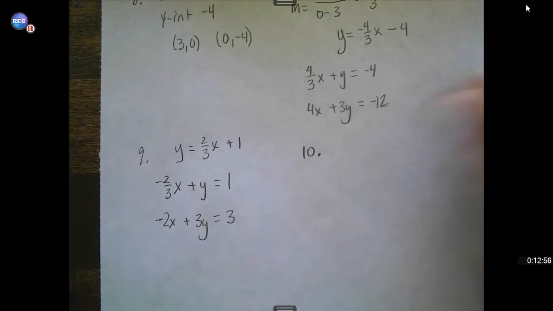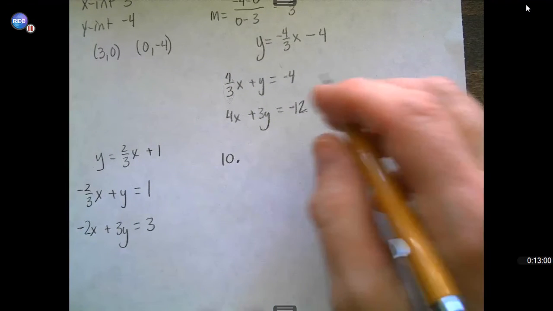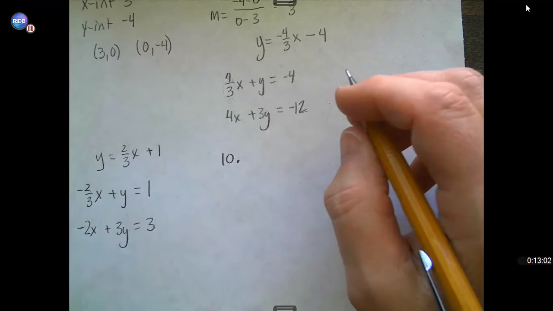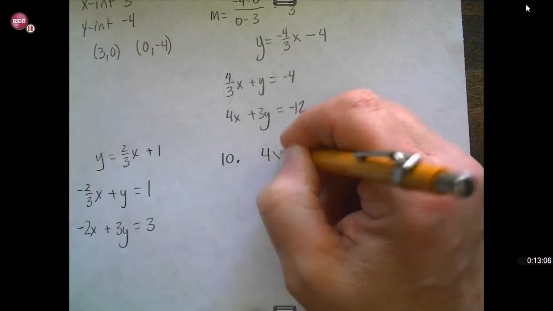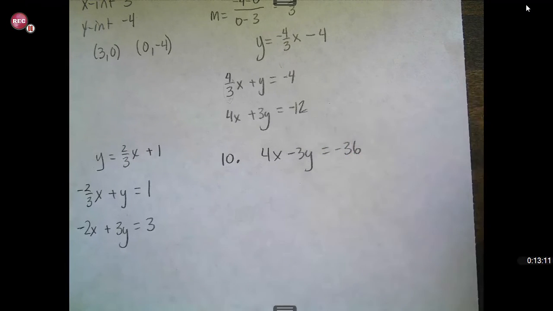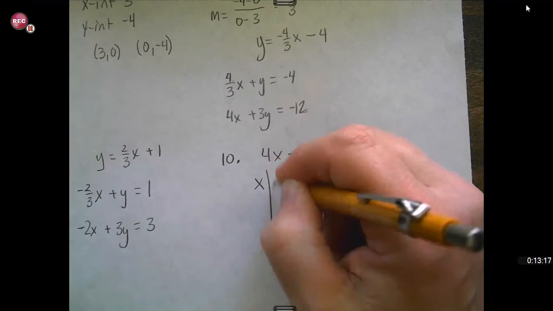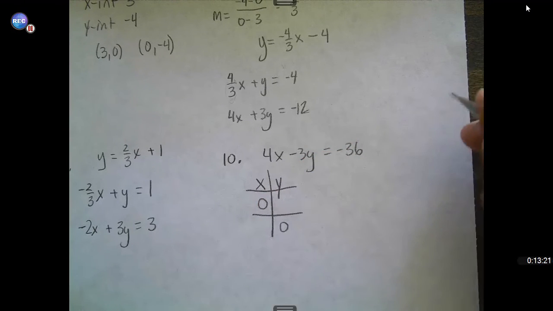Number 10 says to give the x and y intercept of the graph of 4x minus 3y equals -36. And it's not asking me to graph this. It's just asking me to find the x and y intercept. So I can make my table where I make x 0 and then I make y 0.